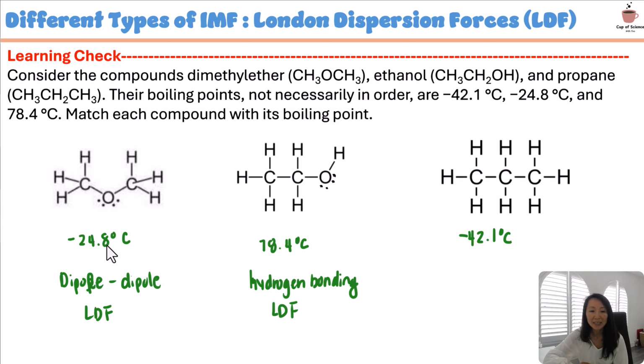Hence why it's the next one. Now this one is only made up of C and H, so it's a hydrocarbon. This is a nonpolar molecule, so therefore it's going to have only London dispersion forces and have the lowest boiling point.